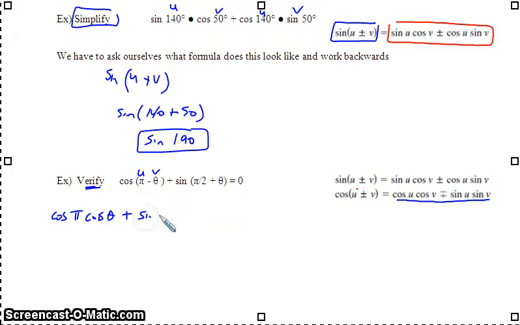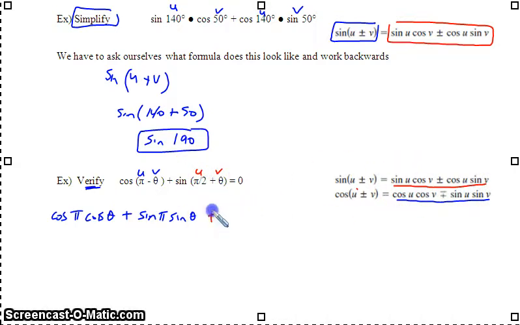The sine of pi, sine of theta. We'll go back and we'll simplify this in a minute. Now to that I need to add the sine of two angles that are being added together, so the sum. So this would be u and this would be v, and I'm going to use this formula now.